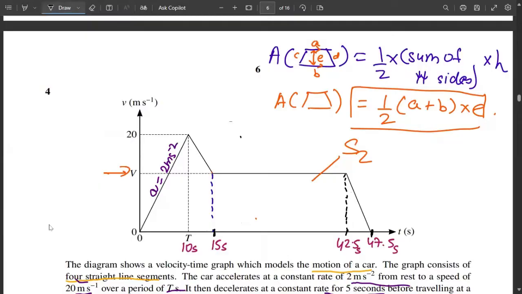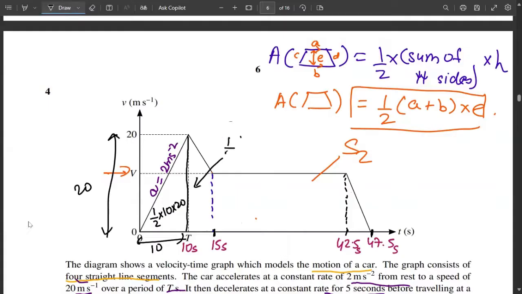So first we can find the area of this triangle. So area of the triangle will be half into 10 into 20, which is this 10 and this 20. And the area of this trapezium will be half into sum of parallel sides.